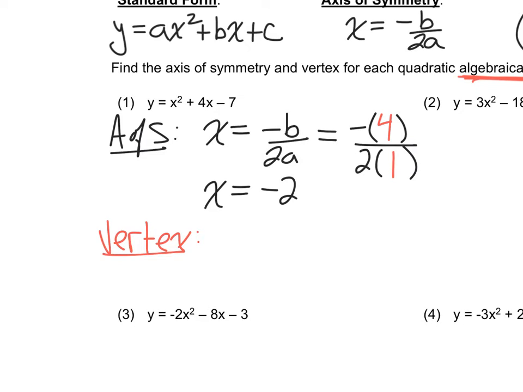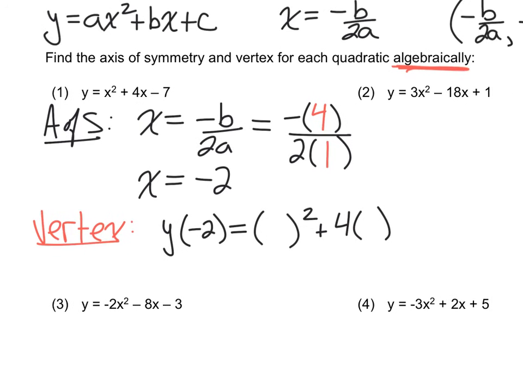So it'll be testing whether or not you know that it's x equals that creates the axis of symmetry. So be on the lookout for that sort of thing. All right, the vertex. We get that by taking that x value and popping it right back into the original function. So we're looking for y of negative 2. So into the original function we go. I'll just scoot that over.